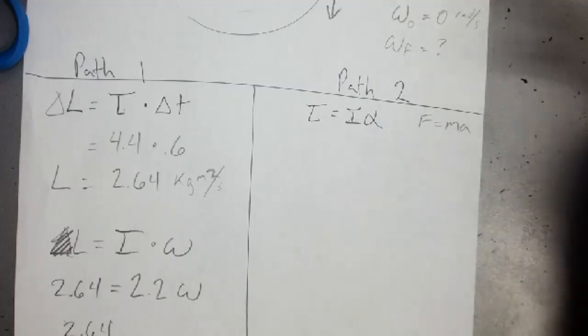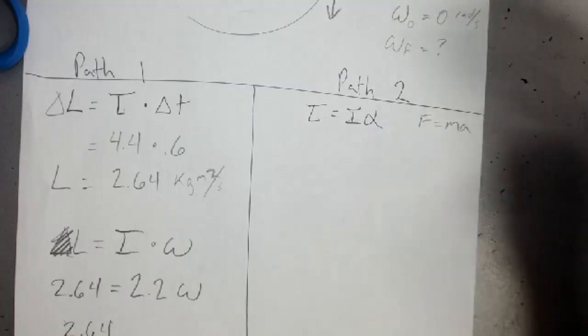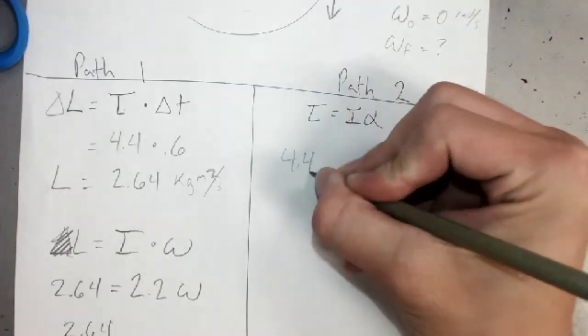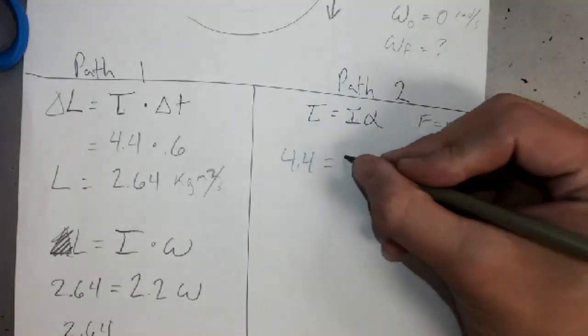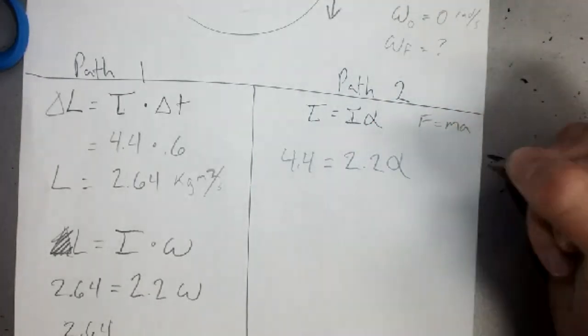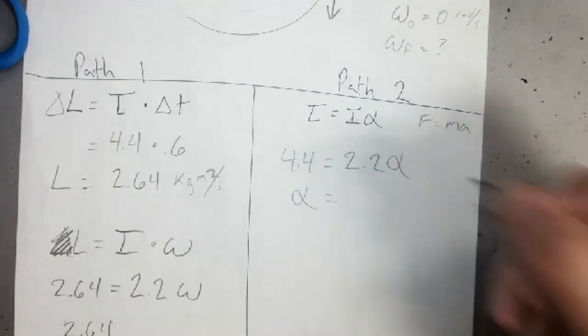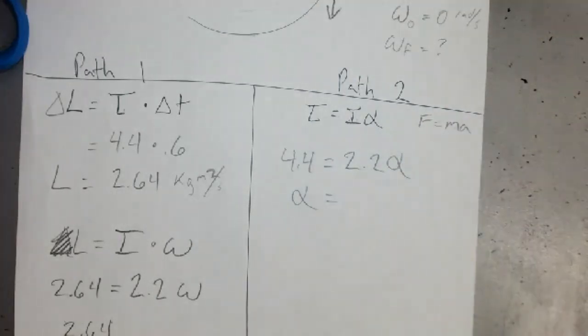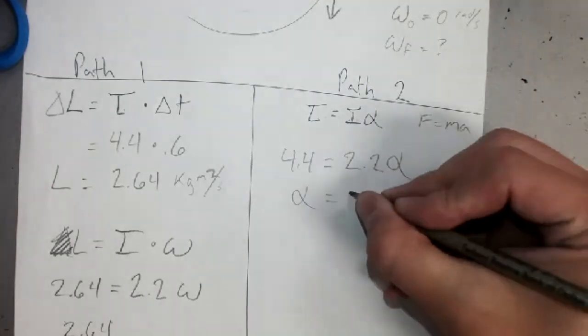So we actually solve for an acceleration here, and we could say 4.4 equals 2.2 times alpha. What does that make alpha? 4.4 divided by 2.2. Is that just going to be 2? Okay.